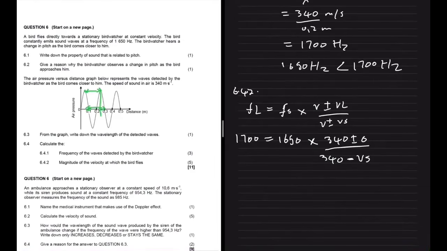So what I'm going to do here is divide both sides by 1650.